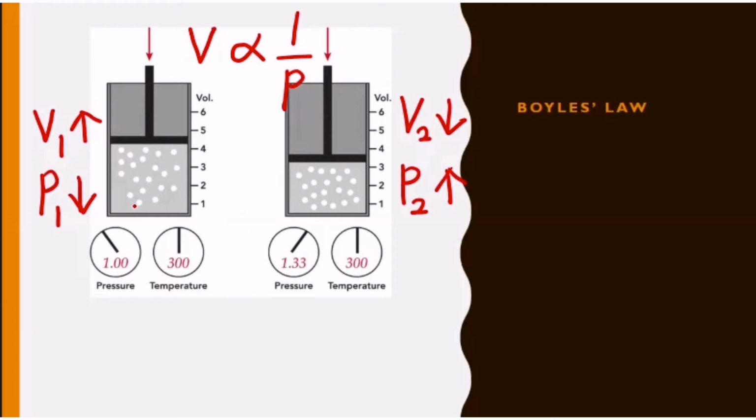So, the product of P1 V1 will equal K, and the product of P2 V2 will also equal the same K value. As both have the same value of K, we can write it as P1 V1 equal to P2 V2.